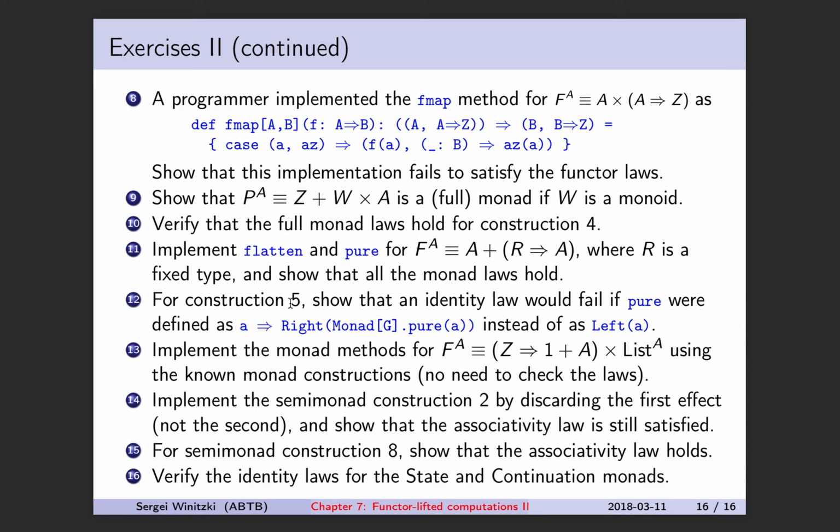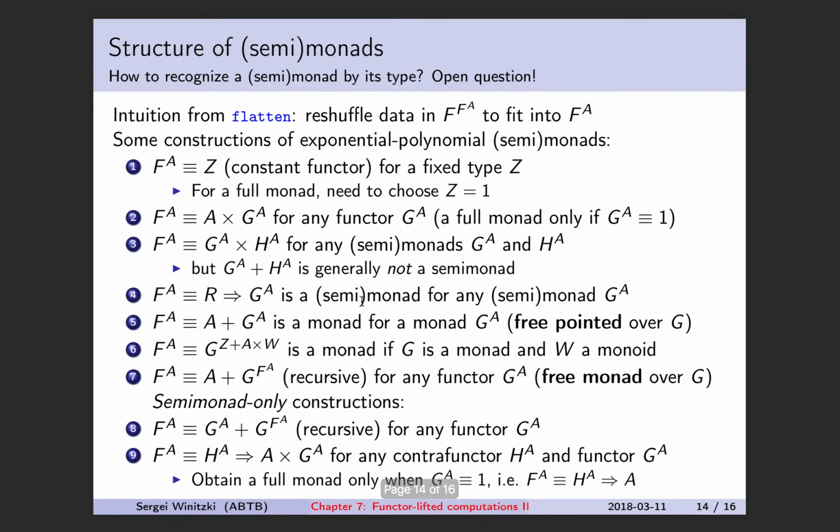Now, in this exercise, it's to show that pure, so the construction 5, let me look at it, what it is, yeah. So the construction 5 is this. In this construction, we defined pure for f as left of a.